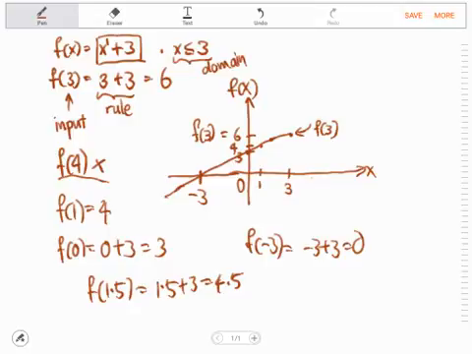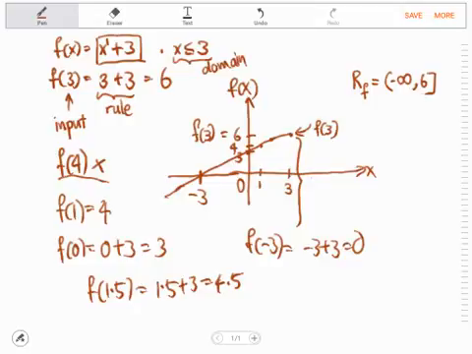What does it mean when we say the domain is this? From the domain and the rule, we can derive the range of the function. So what is the range of this function? The range is just the y values of this existing graph. That means the range of this function f is all the way from negative infinity to 6, because we input 3, that's why there is a 6.